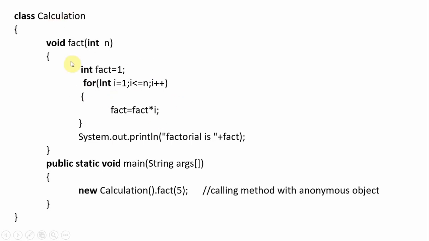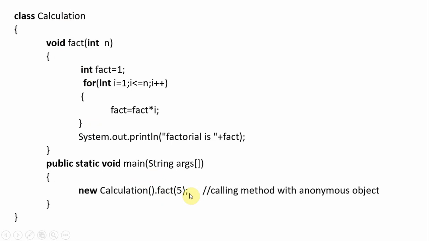So one class, two methods, and the compulsory one is the main method. There we try to define an anonymous object, new Calculation. So new Calculation means we are calling the class here, and by the class we can call fact, the method of the class.